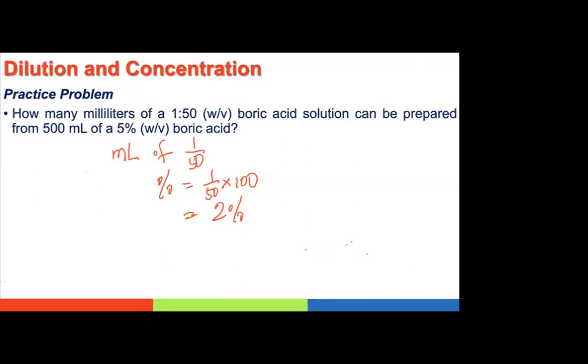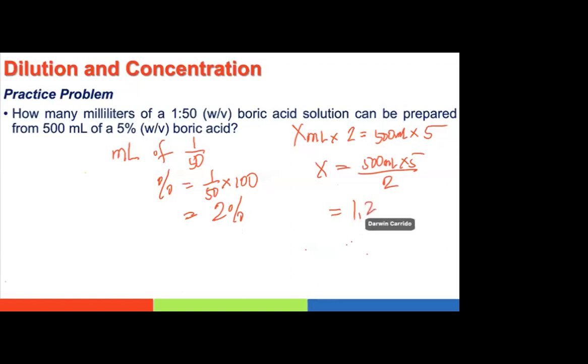So ml multiplied by 2% is equal to 500 ml multiplied by 5%. Hindi ko na ilalagay yung percent na unit. So, therefore, X is equal to 500 ml times 5 divided by 2. What is the answer? 1,250. Tama. Yan nga ang sagot.